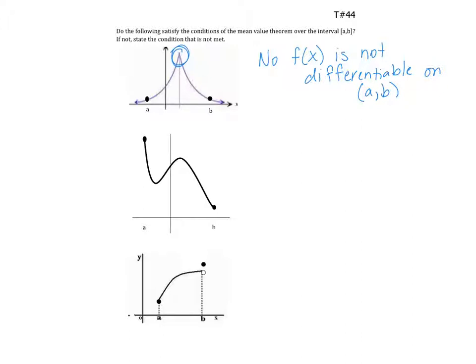The second one, do we have a continuous function? Yep. Do we have a differentiable function? Yep. So this guy is a yes. The MVT applies. Now I didn't ask this, but just to reiterate, what would that mean?